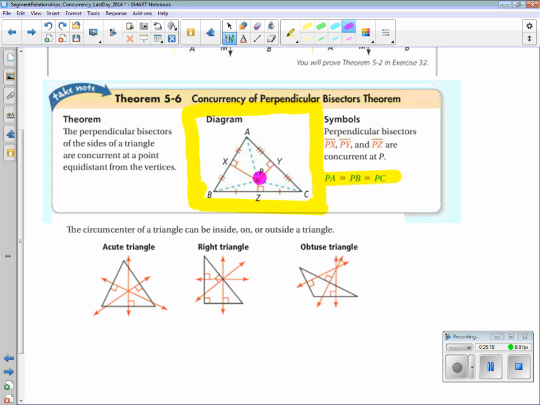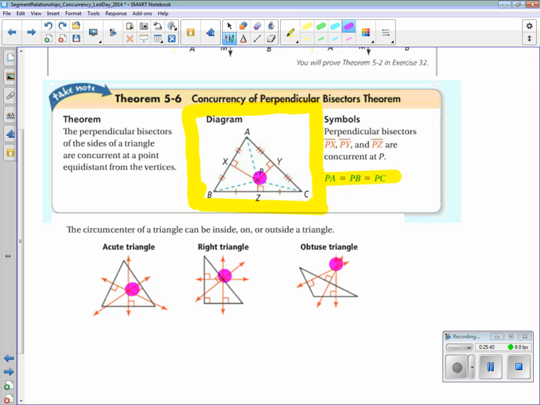It can be on the inside of a triangle, on the triangle itself, or on the outside of a triangle. And in your MYP project on part 2, where you're cutting them out and folding them to create the perpendicular bisectors, you're going to be showing me that. And you're going to glue those down on a piece of paper, right? So that's what I'm asking you to do for that one.